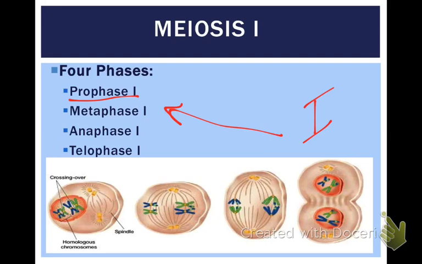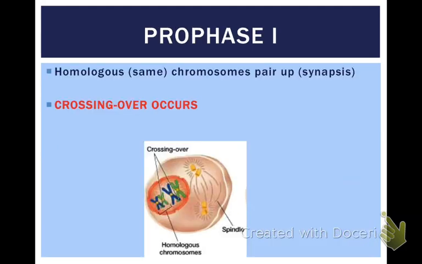So this is prophase 1, metaphase 1, anaphase 1, and telophase 1. We'll go over each phase in a little bit, just going through the descriptions of them. If you're still confused, make sure you come to tutoring so we can talk more about it.